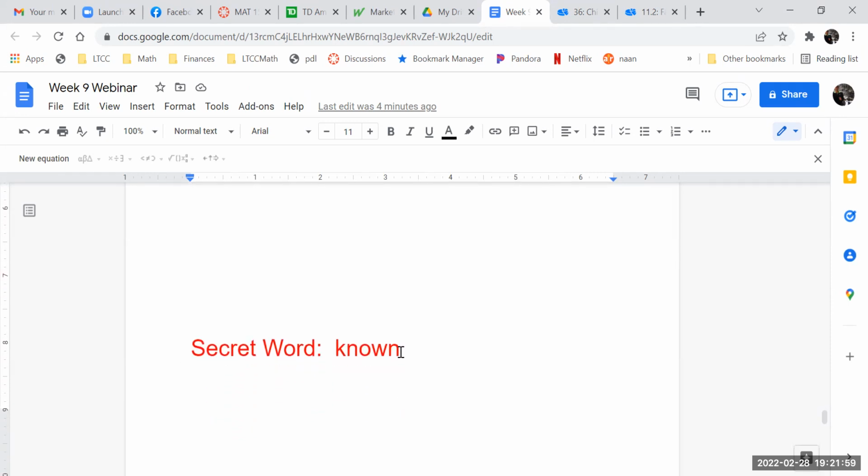Secret word is known. And that is because when you're doing a chi-squared test for goodness of fit, you're testing to see if the distribution of what you don't know is the same as the distribution that you do know, the known distribution. So that is the secret word for the week.